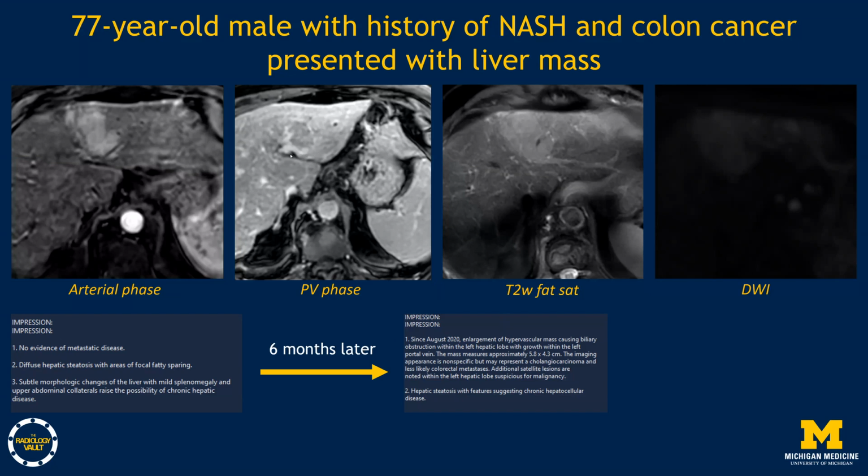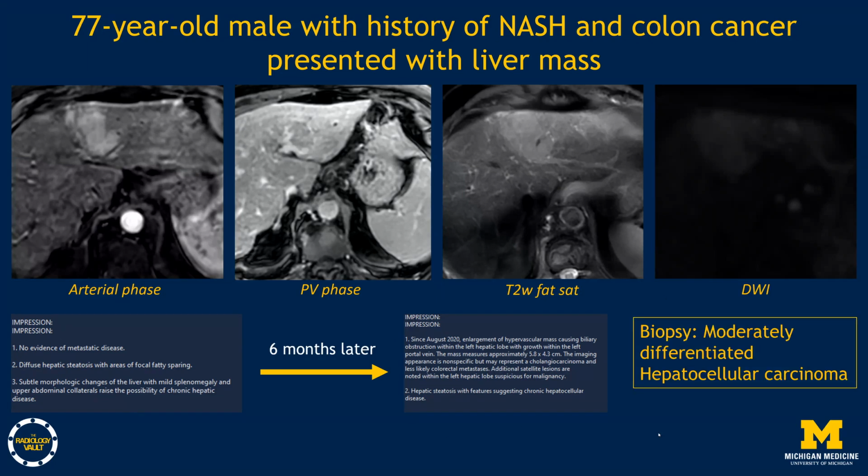They said this imaging is non-specific but could represent a cholangiocarcinoma, less likely colorectal metastasis. At this point, given this impression, this patient went for biopsy and this turned out to be a moderately differentiated HCC. One needs to know that cholangiocarcinoma does not cause tumor in vein, and that would be an infiltrative HCC.